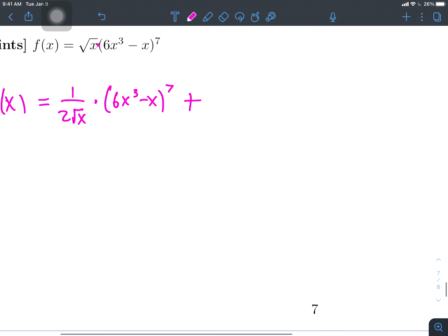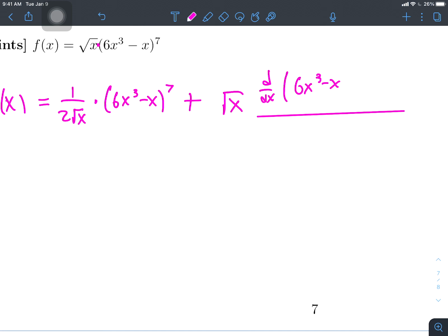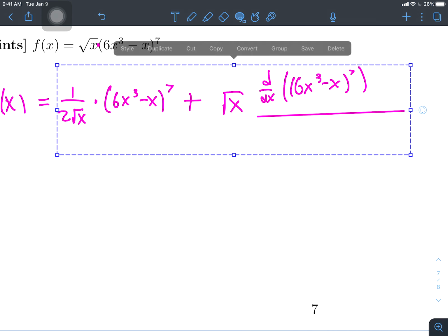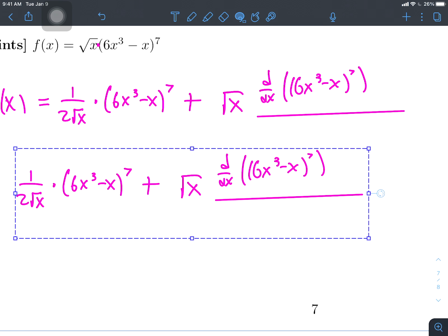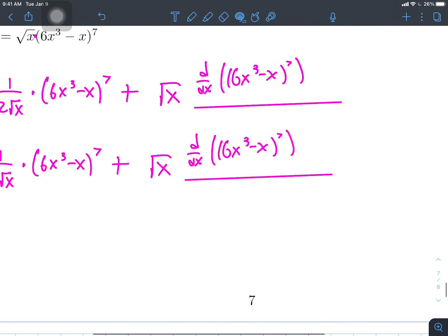Now I write a plus. Now square root x gets left alone, and what needs to come here should be the derivative of 6x cubed minus x, all being raised to the 7th power, which of course will be done using the chain rule. So I paste, and I'm going to replace this derivative by its derivative, which is 6x cubed minus x, all being raised to the 6th power, times 7.